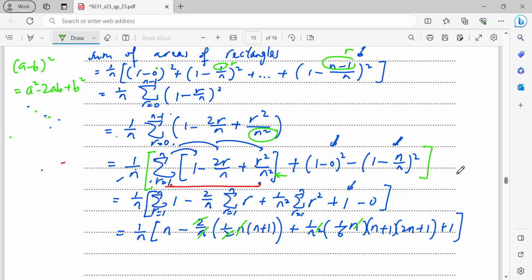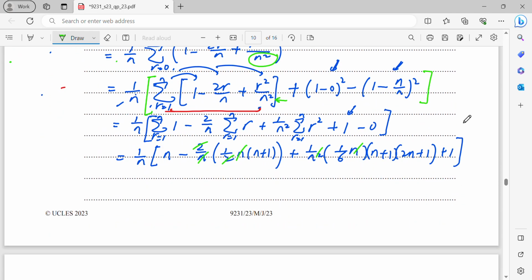Alright, so from here I will do expansion. So this is 1 over N. The N here left minus of N plus 1. So bring in the minus. Then this is 1 over N and 1 over 6. So I will write plus 1 over 6N.